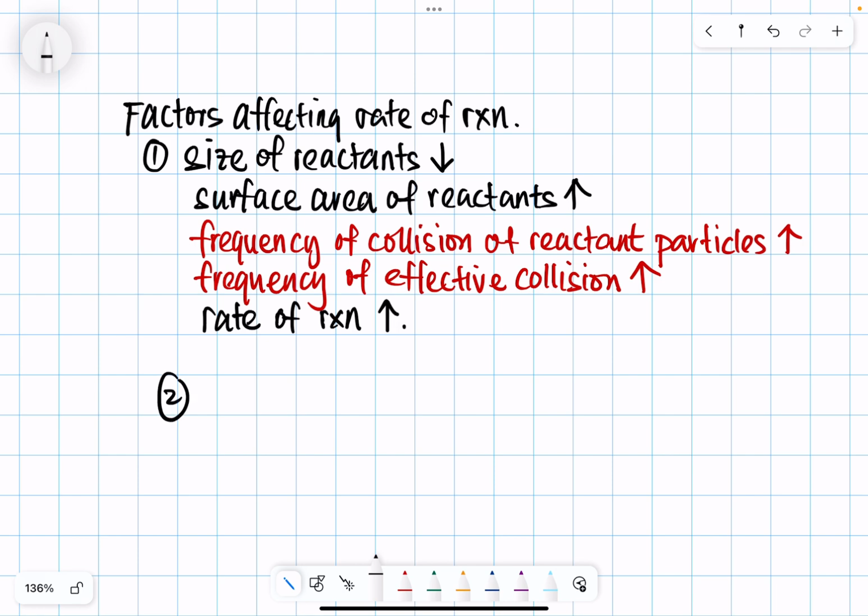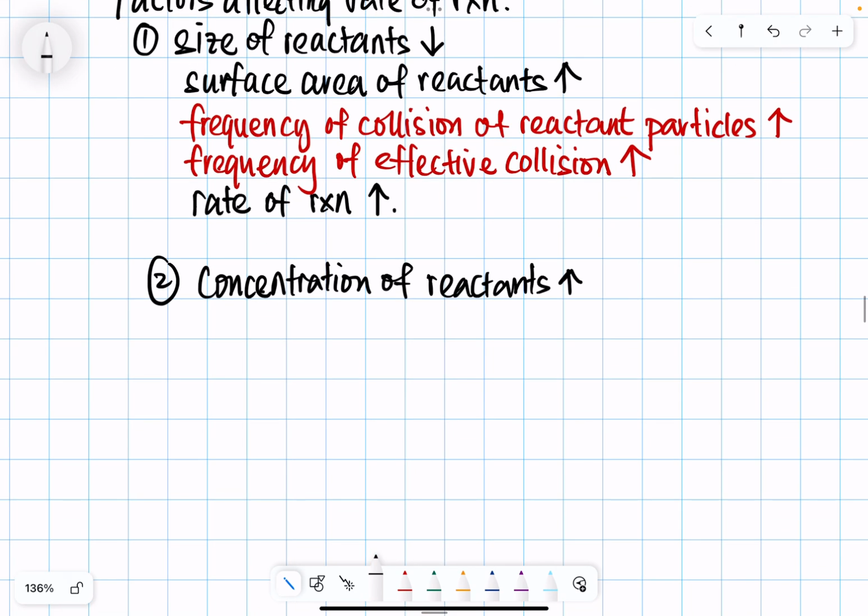Now, what about the second one, the concentration? When the concentration of the reactants starts to increase, what is going to happen? The number of particles per unit volume increases. In other words, we get more reactant particles per unit volume.